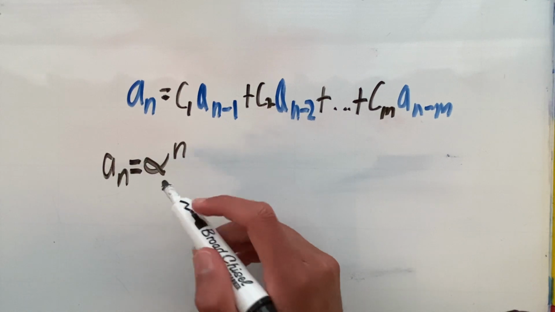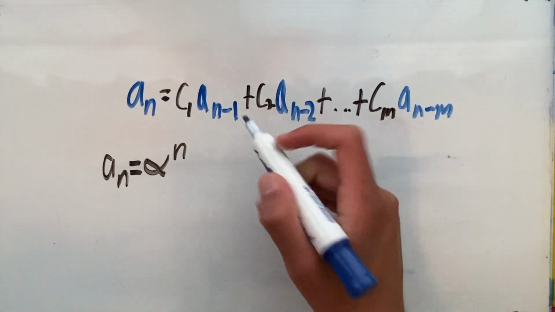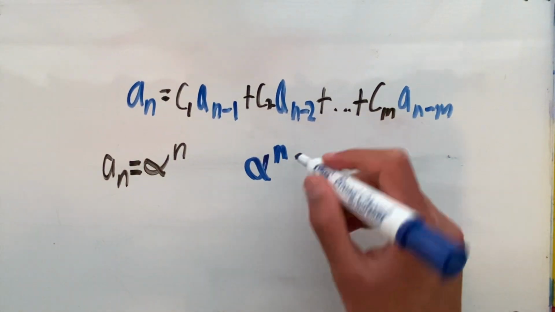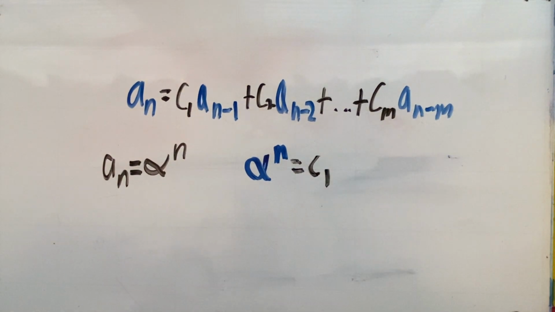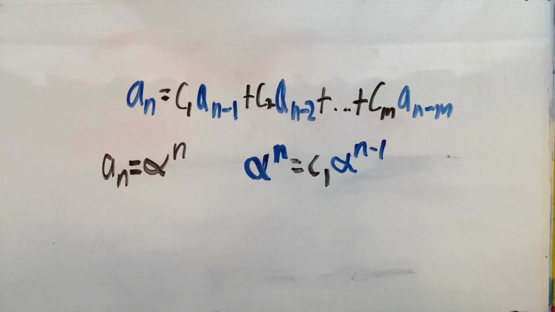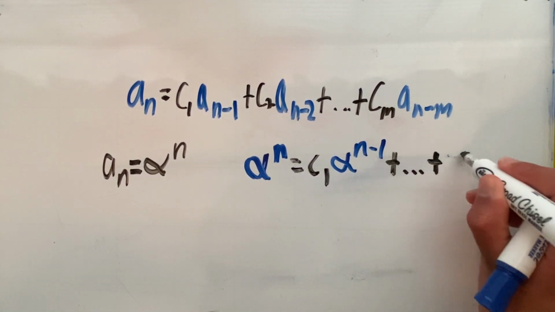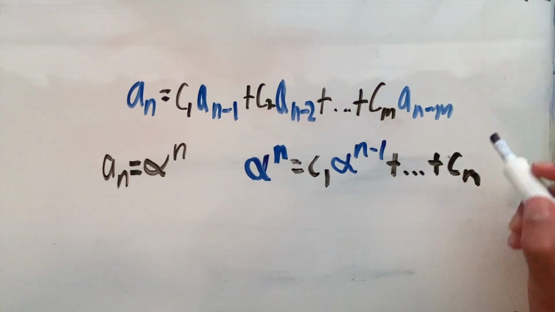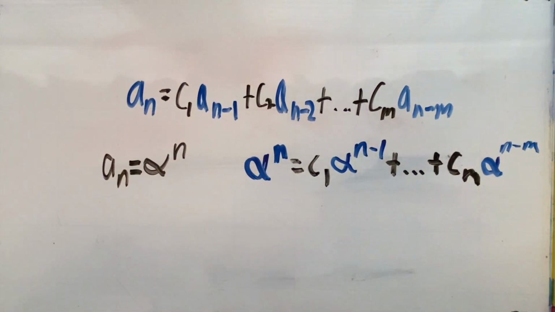But if you know this is true, then you can rewrite this equation here, and you would have alpha to the n equals c1 times alpha to the n minus 1, because alpha to the n minus 1 is a sub n minus 1. And just continuing this pattern here, we go all the way down to cm times alpha to the n minus m.